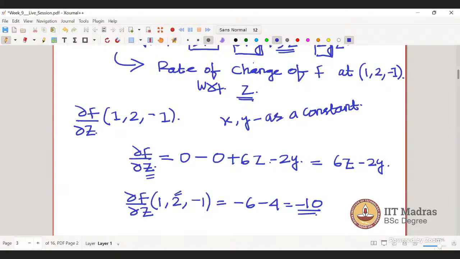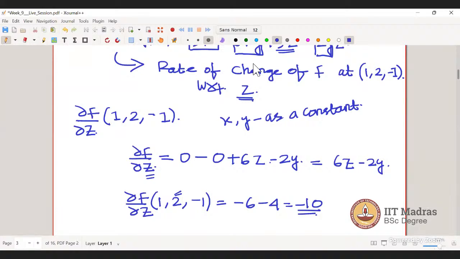Sir, computationally you got it. You understand how we are getting this. Now, conceptually, this would be the same. Let's say someone learning for the first time goes there and puts only the z coordinate as -1 plus h, and takes f of a plus h minus f of a.